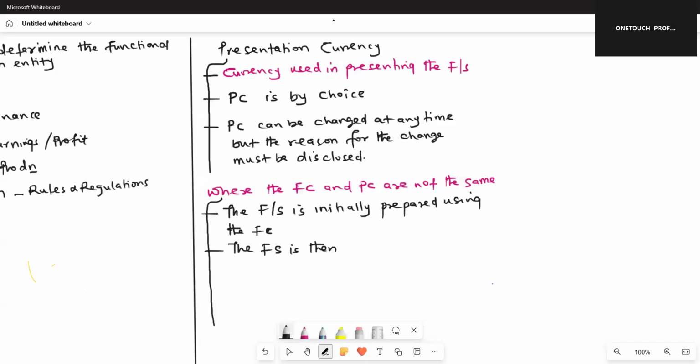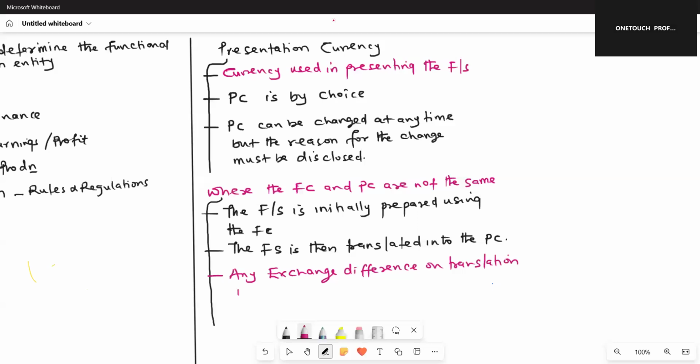The financial statement is then translated into the presentation currency. Any exchange difference on translation is shown under other comprehensive income.